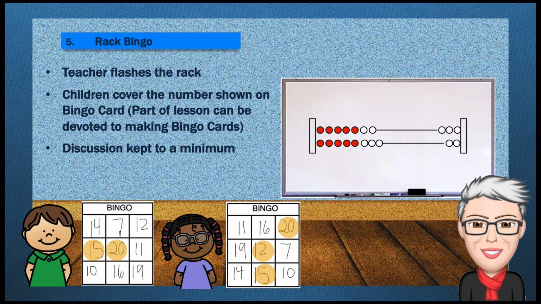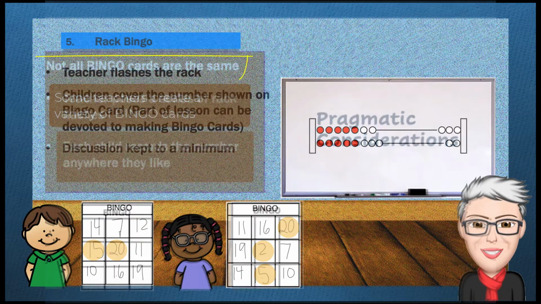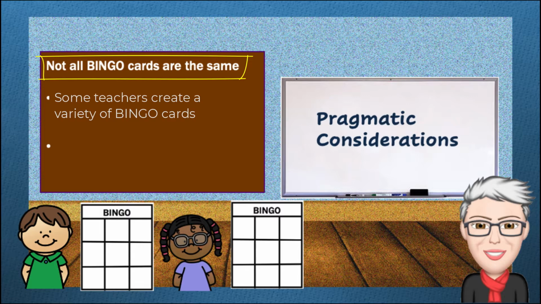There are some pragmatic considerations when playing this game. First, the teacher has to remember that in a bingo game, the game cards the children have should not all be the same. Some teachers create a variety of bingo cards themselves that they hand out to students. Other teachers we have worked with have children initially create their own bingo cards.